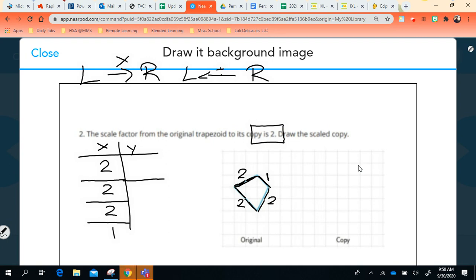So if I'm going from left to right, then I was going to do what? Multiply. So 2 times 2 gives me 4. 2 times 2 gives me 4. 2 times 2 gives me 4. And 1 times 2 gives me 2.